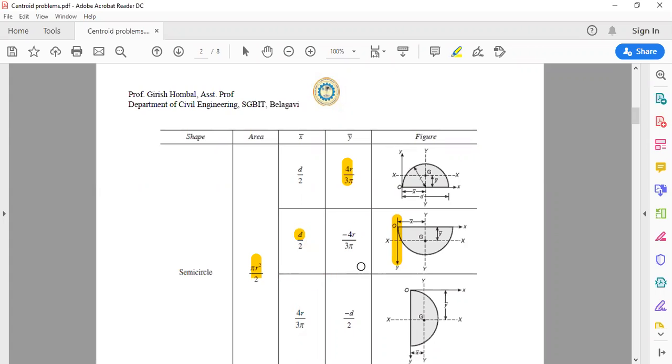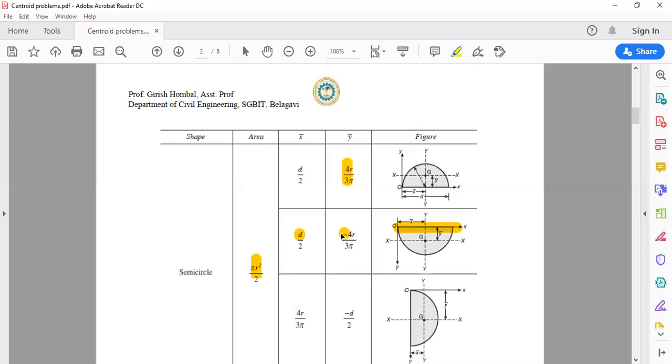Now next, I'll be calculating y bar. Now, y bar is always measured from x-axis. Now, the distance of this y bar from x-axis is 4r by 3 pi. Why? Because I'm measuring the distance of centroid of semicircle from diametrical axis. Now, you can see that this y bar is given with the negative sign.